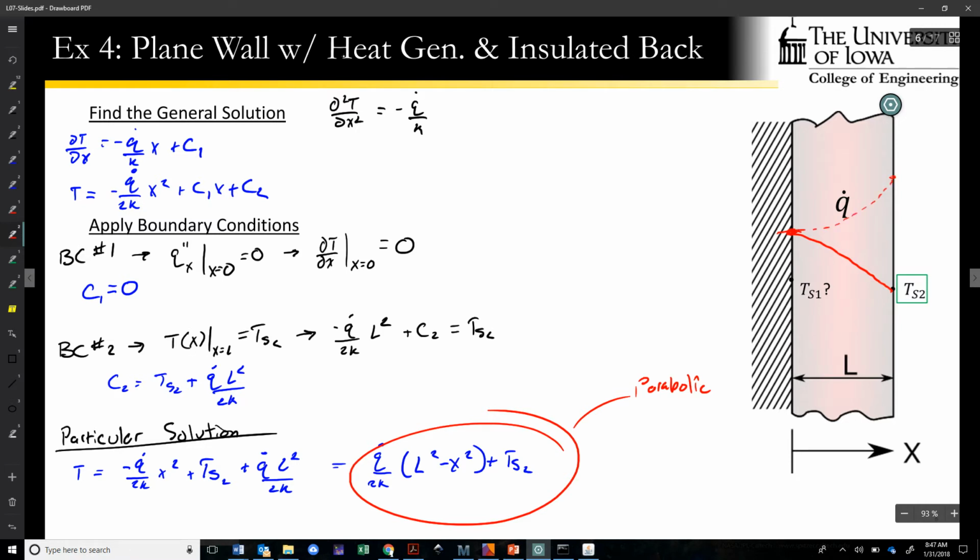But if Ts2 is colder, then we can see by inspection that this point here at x equals 0 is going to be our maximum temperature. And we can solve for that temperature just by plugging in a 0 for the x here. And we end up seeing that T max at x equals 0 is equal to q dot over 2k L squared plus Ts2.